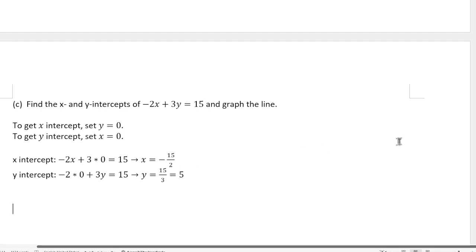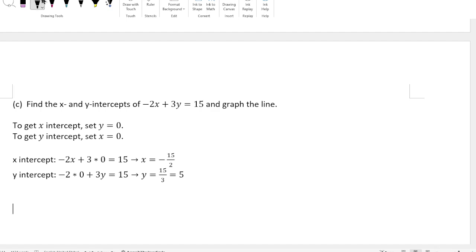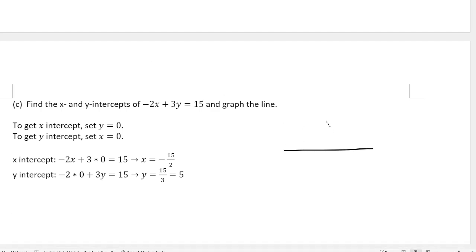Now once you have these intercepts, it's easy to draw the graph because you just have to put the numbers on the plane. Let's say this is 5, and then negative 15 over 2 is negative 7.5, so it's definitely over here.